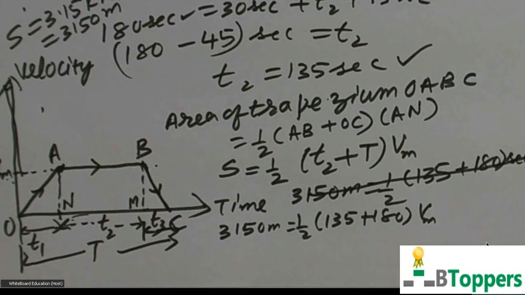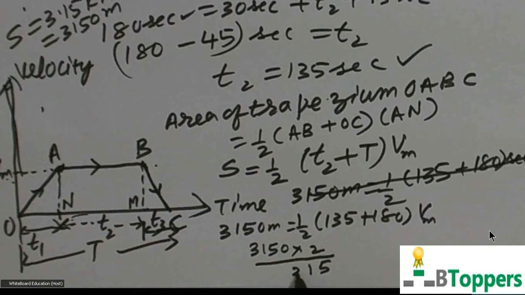If you want to copy the working, you can take a pause and copy this working. So you get the maximum speed equal to 20 meters per second, or the uniform speed is 20 meters per second.